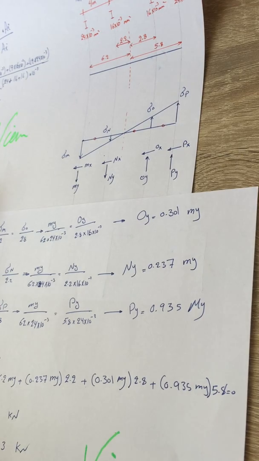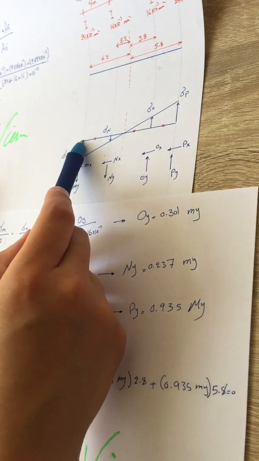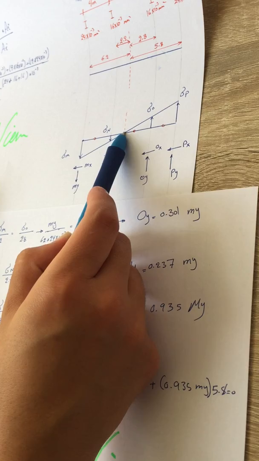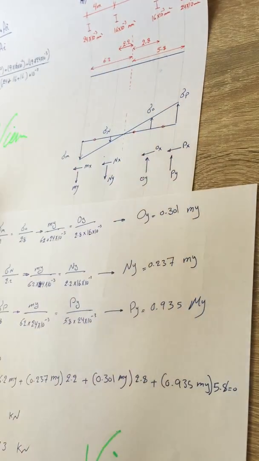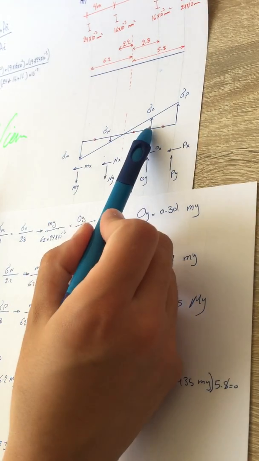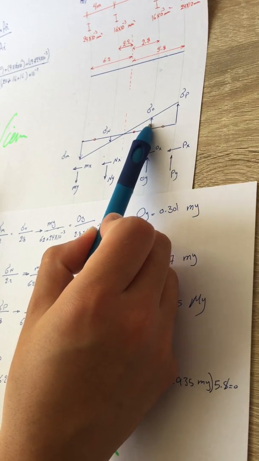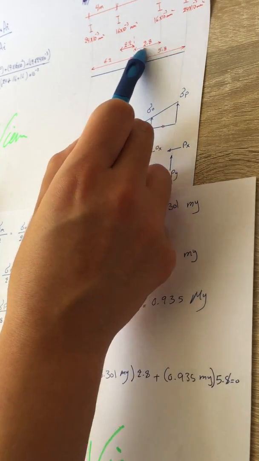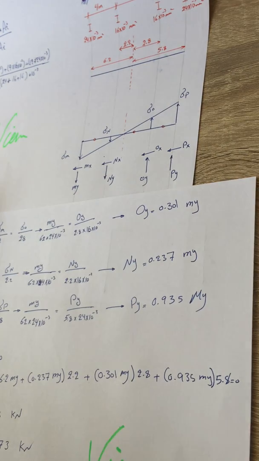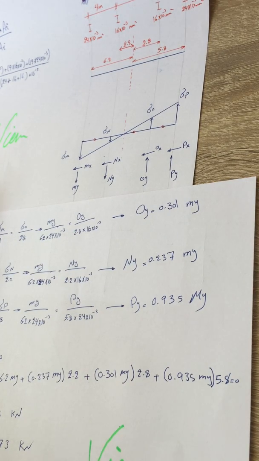So I'll say stress on M divided by, by triangle similarities, stress on M over 6.2, which is this distance, equals the stress on O divided by 2.8, which is the distance. We know that stress equals P over A, which is load over area.